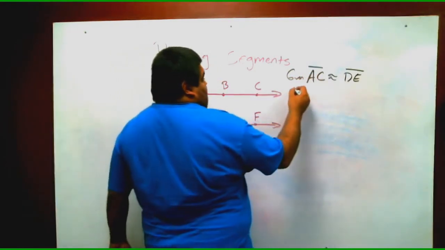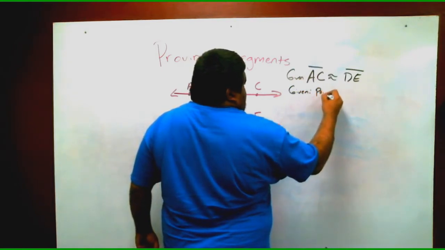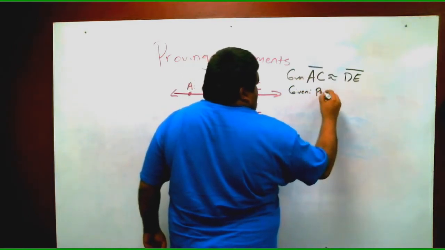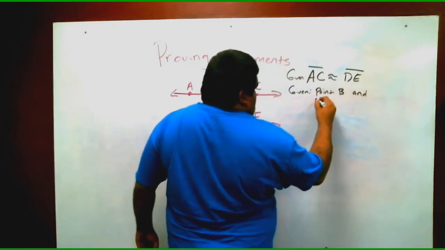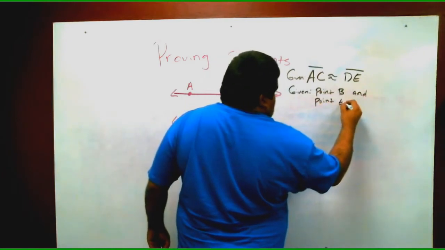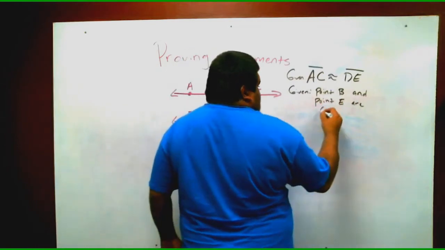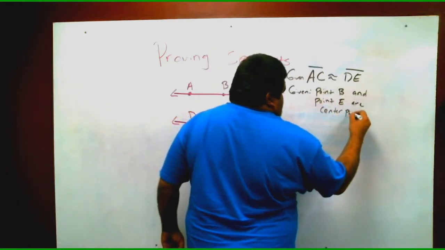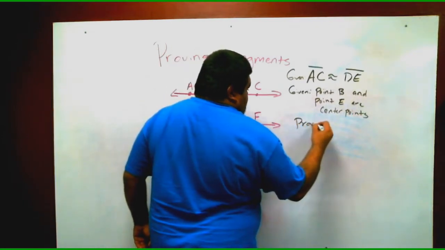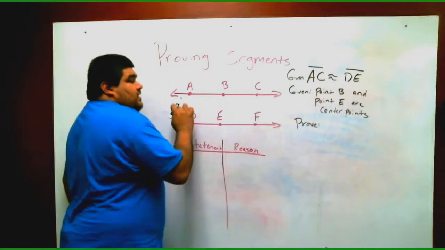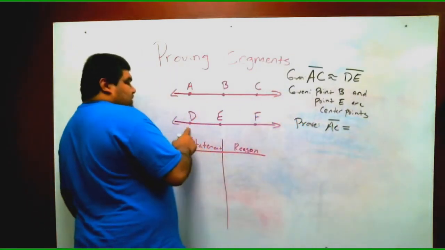Also, it's given that point B and point E are center points. All we have to prove is that line segment AC is congruent to segment DF.